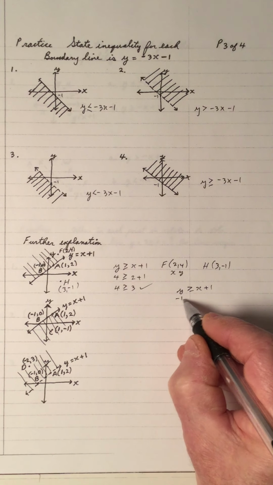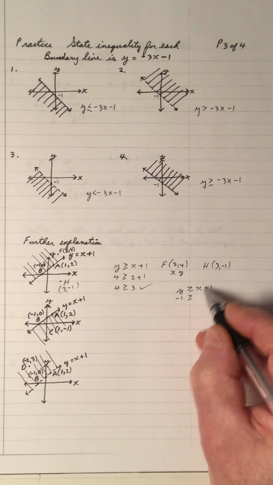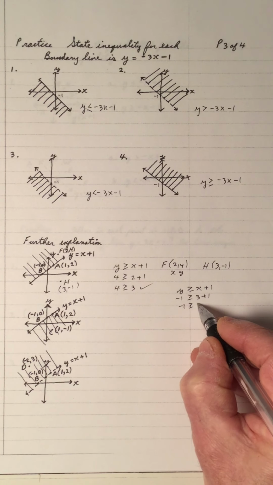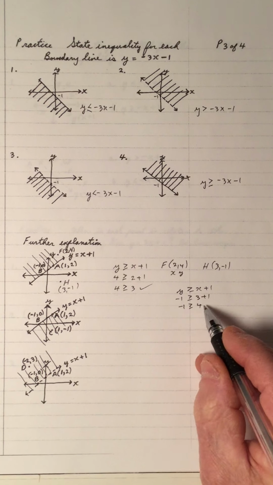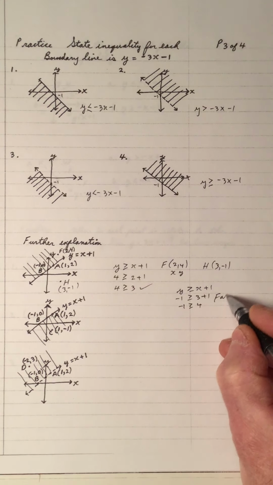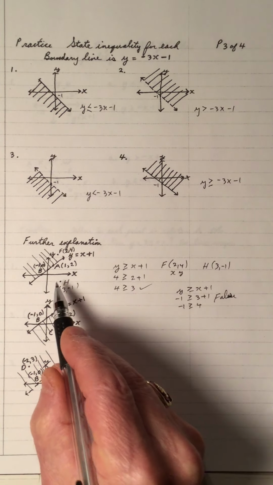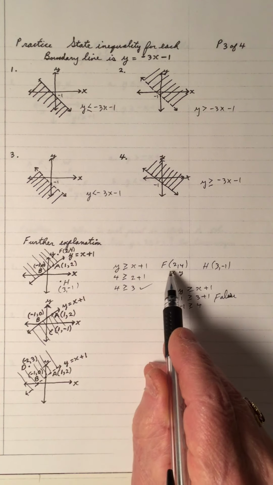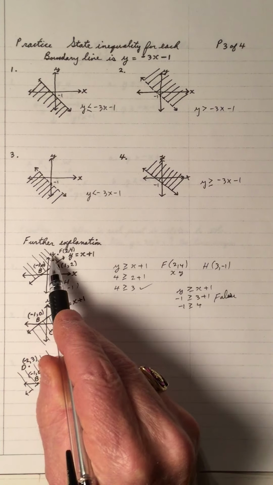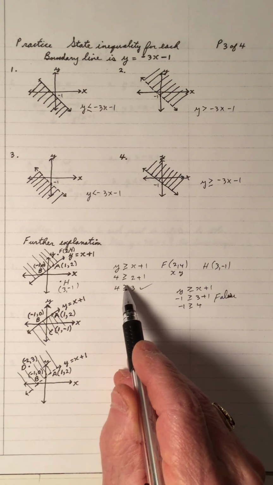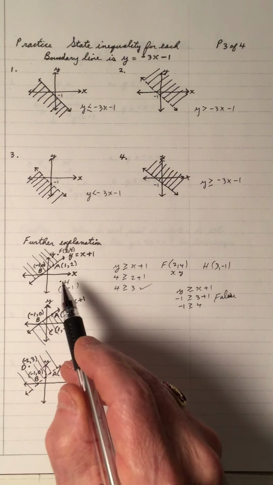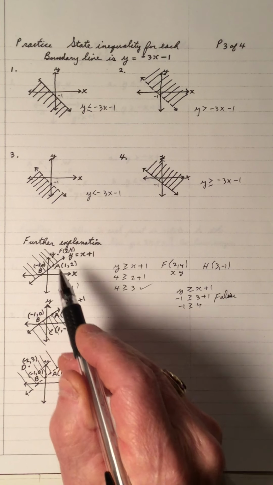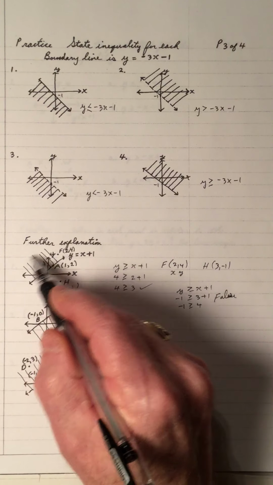So if I put a -1 in, and X is 3, -1 is greater than or equal to 4. -1 greater than or equal to 4 is false. So what does that mean? That means this point is not in this graph. So that's why 2, 4 makes the inequality true, whereas 3, -1 makes the inequality false. So if it's false for H, that means the point's got to be up here, off this half plane.